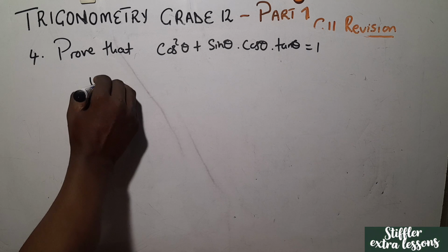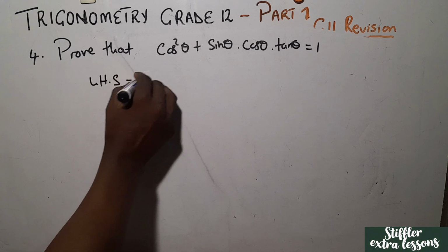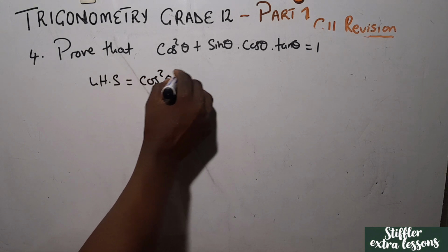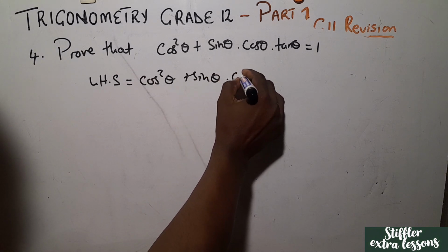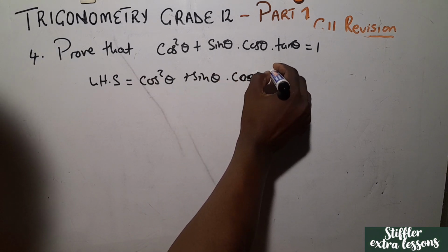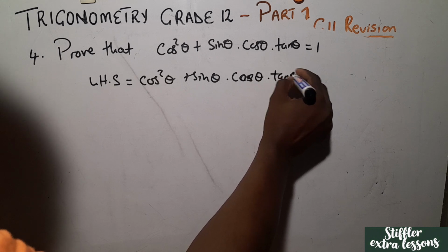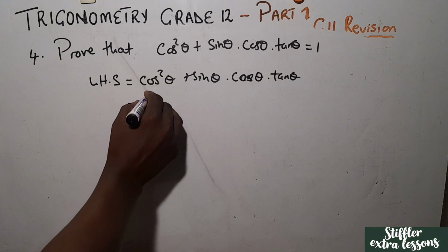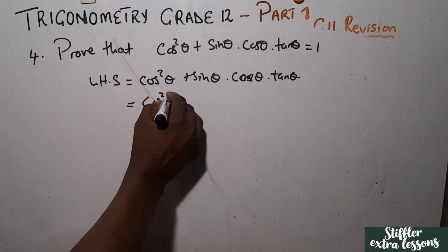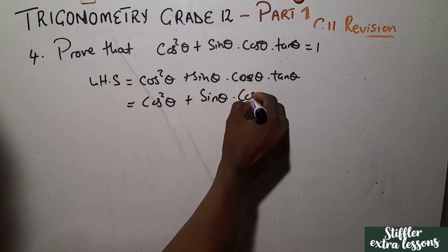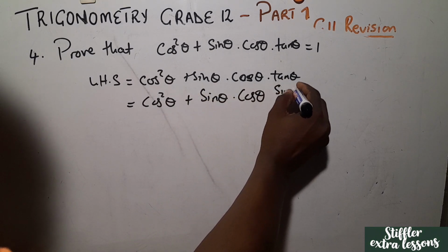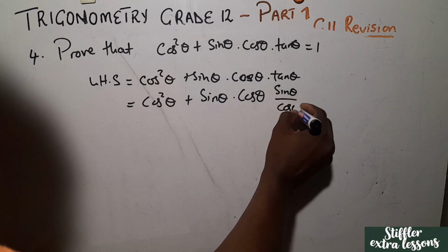So our left hand side is cos squared theta plus sine theta multiplied by cos of theta multiplied by tan of theta, right? So it is wise to always change tan of theta first. So you can change tan of theta into sine theta over cos of theta.